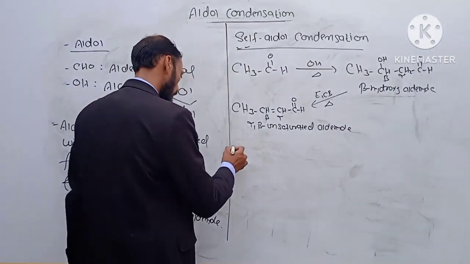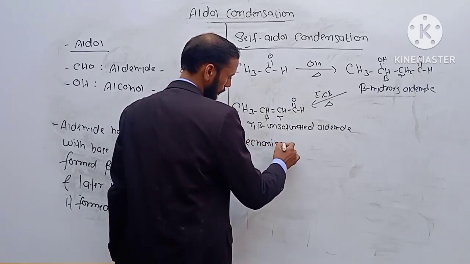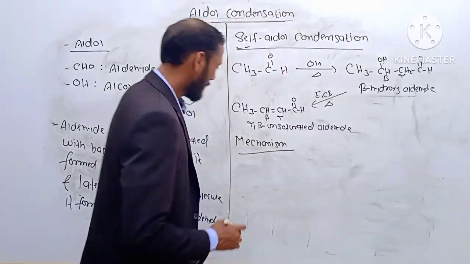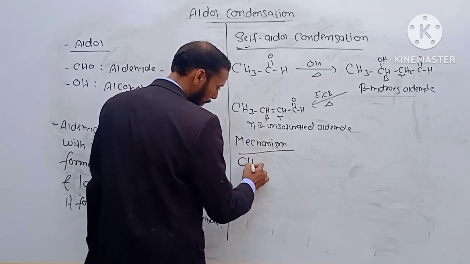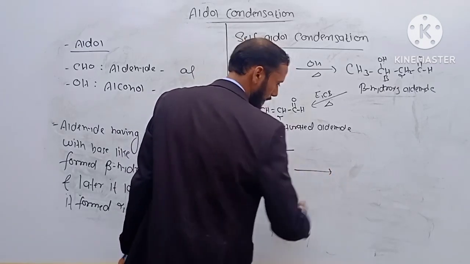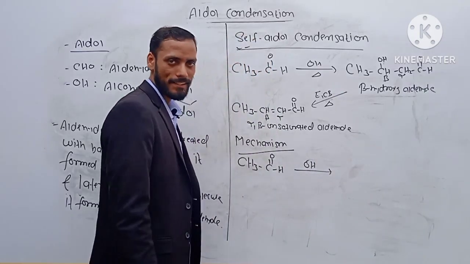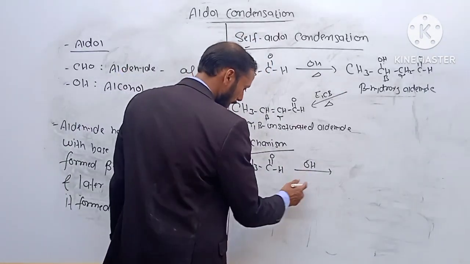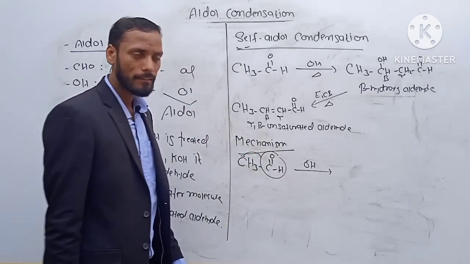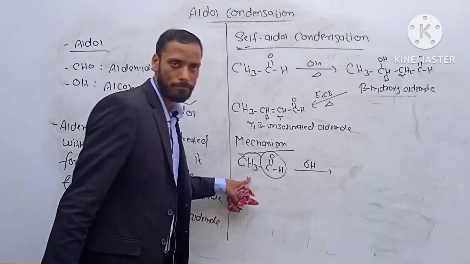Mechanism is very important in organic chemistry. So I'm talking about the mechanism. CH3C double bond OH, here taking a base. This functional group has an alpha carbon, and this alpha carbon has alpha hydrogen.